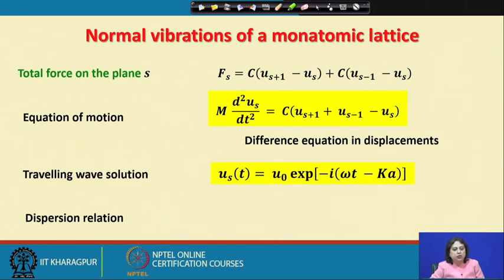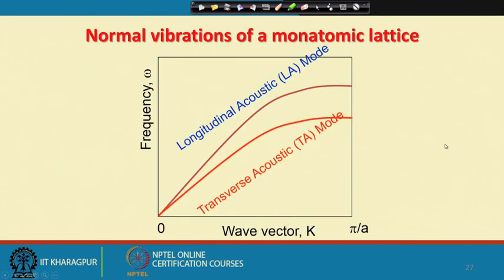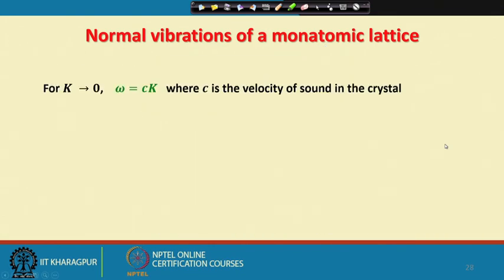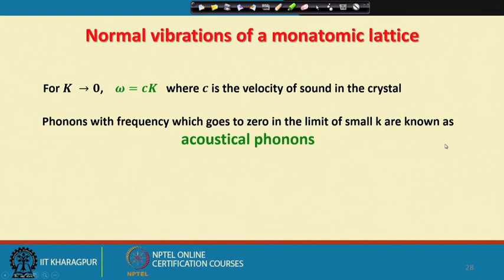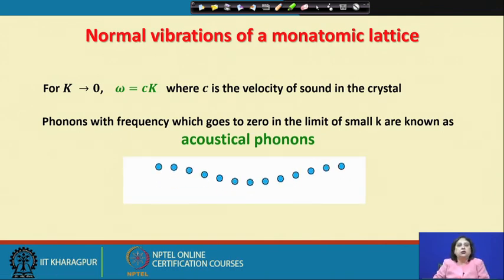So, if I go back and have a look at what is happening at k going to 0, I find that here I have phonons with frequency which goes to 0 in the limit of small k, and these are known as acoustical phonons, and this is how they look like.